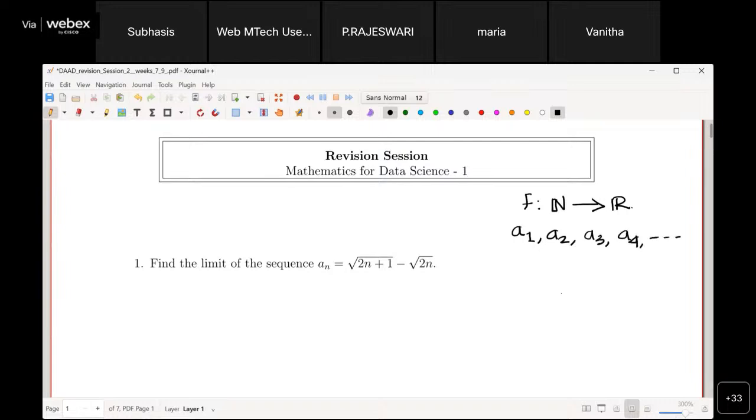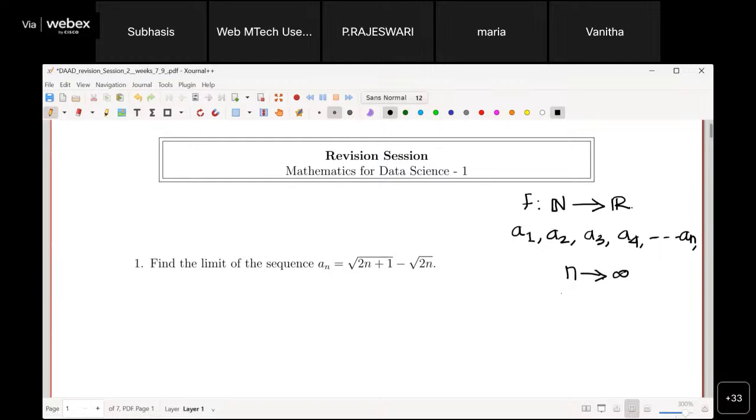So basically you have A1, A2, A3, A4, and so on. What we want to find here is where this sequence approaches when n is going towards infinity. We want to find the limit point of the sequence.